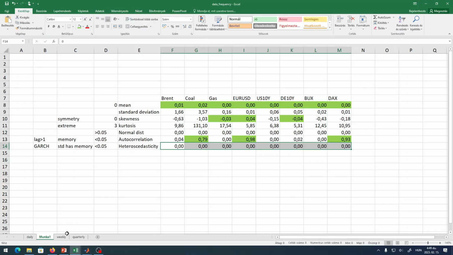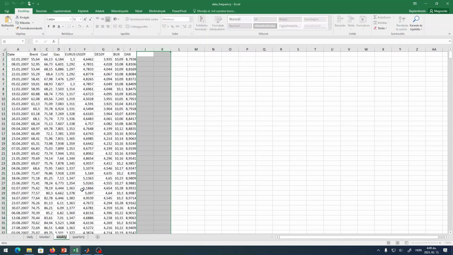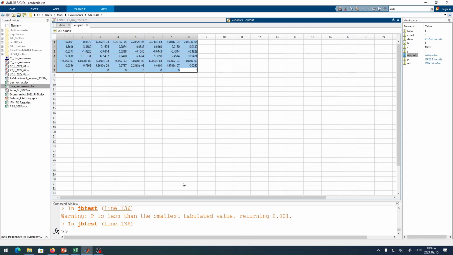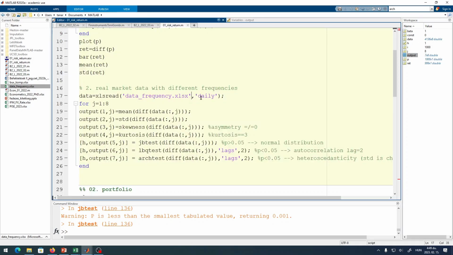And if we are doing the same thing, let's say that we are working with weekly data because we are not so active as a portfolio manager, then the problem will remain the same. So let's change everything. So I would like to keep this.